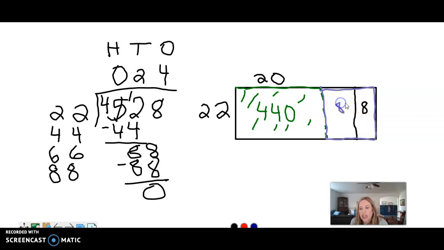So I'm going to write this as 80 plus 8 because I already had 8 separated. So the part we had left over was 80. 80 plus 8. So what times 22 would be 88? Well, we know that 4 times 22 is 88. This is 4.